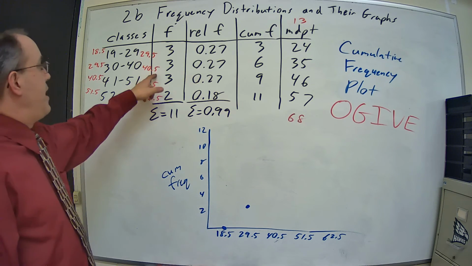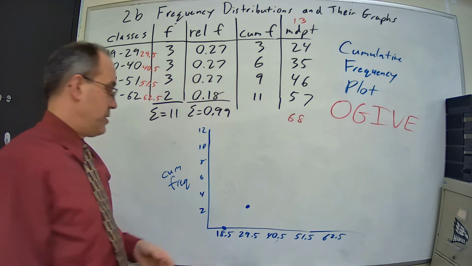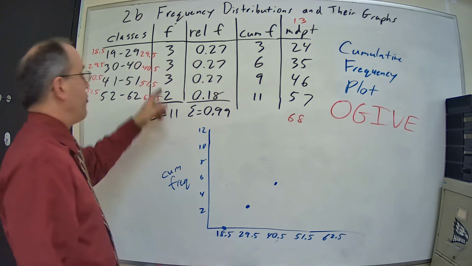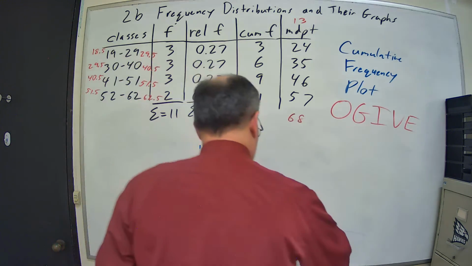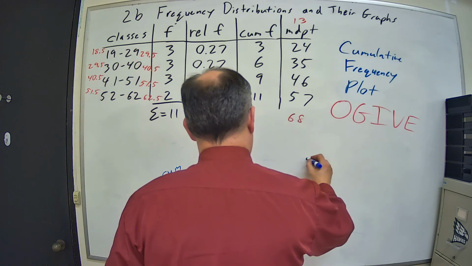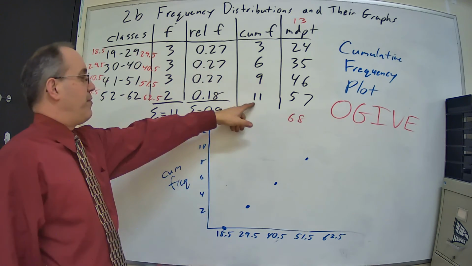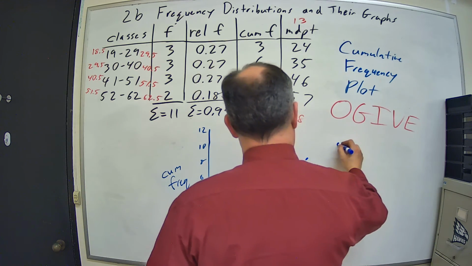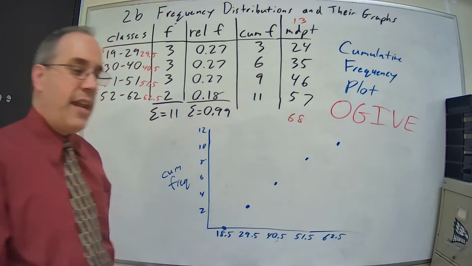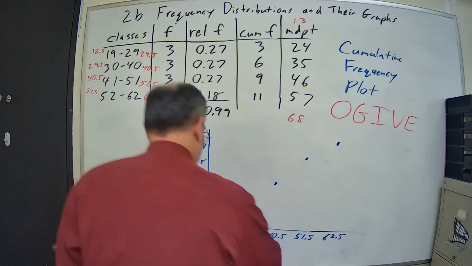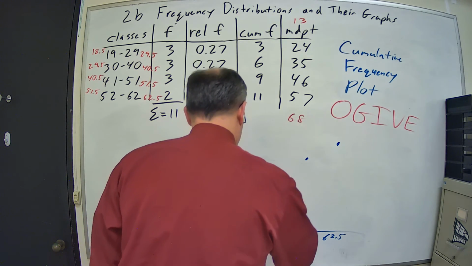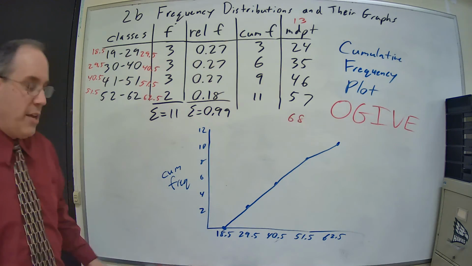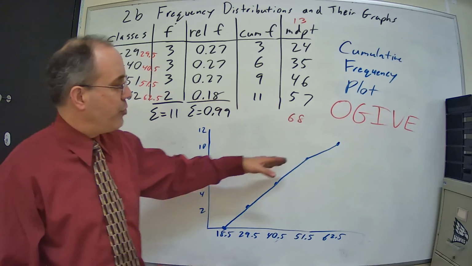When I get done with the next class, I've now got up to 6 data points. When I get done with my next class, I'm going to be up to 9 data points. And when I get done with my final class, I'm up to 11 data points. And then I'm going to connect those dots. And we see that it is constantly increasing.